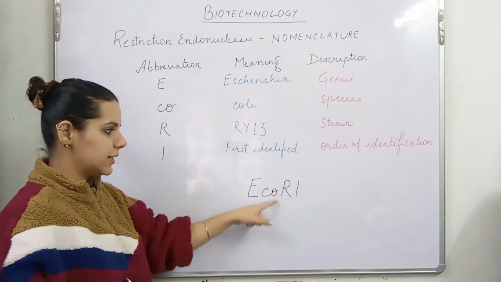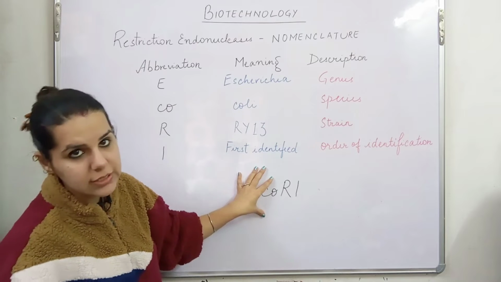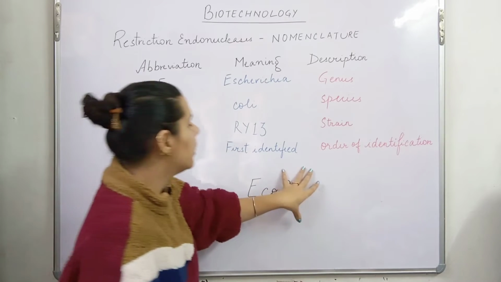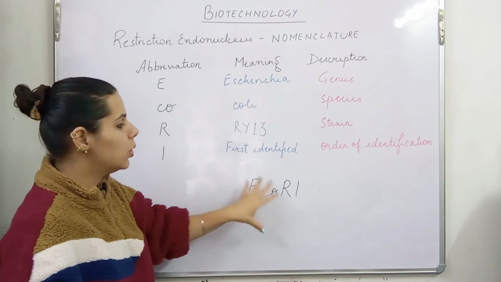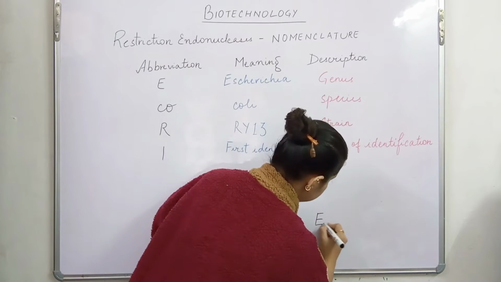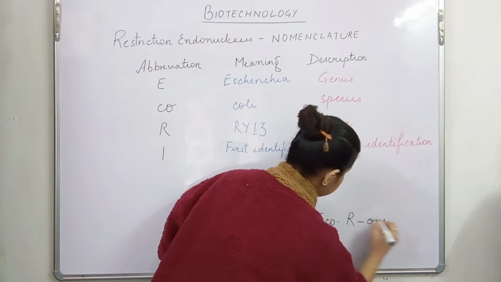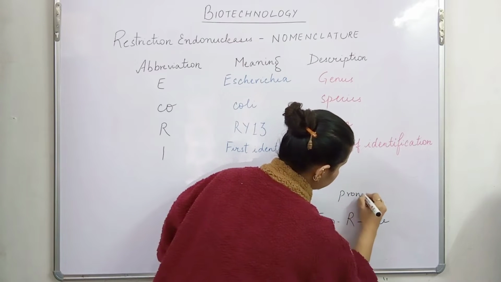It is being italicized. Why? Because it has the genus and the species name. Now EcoRI is pronounced as "Eco R one". This is the pronunciation of this restriction endonuclease.